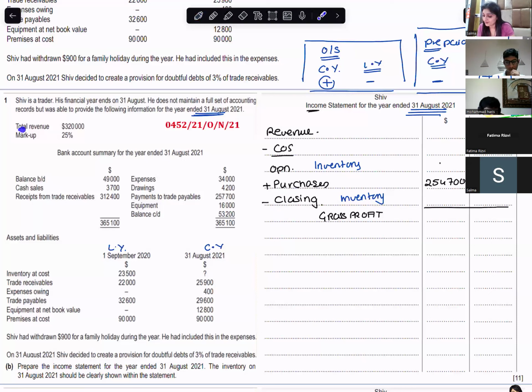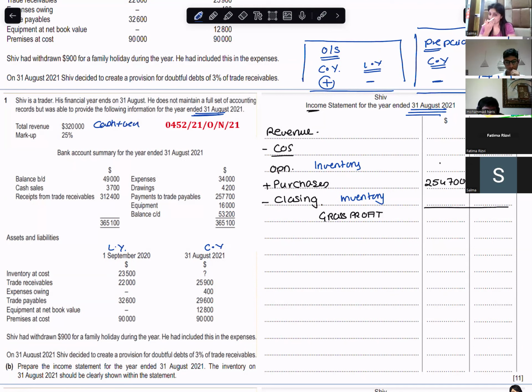So I'm taking revenue. Before I make sure that this is my exact revenue, I will go and see something that is related to sales. Revenue means cash sales plus credit sales. They have already given this to us together.